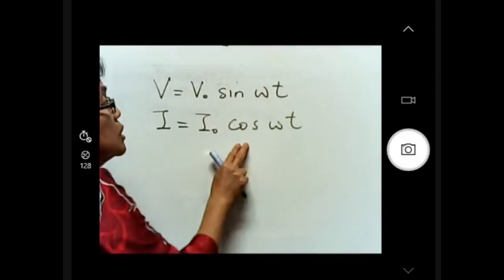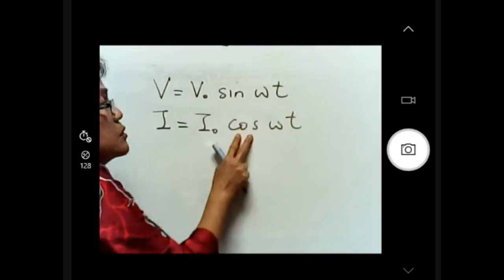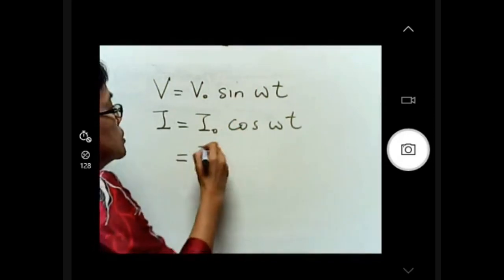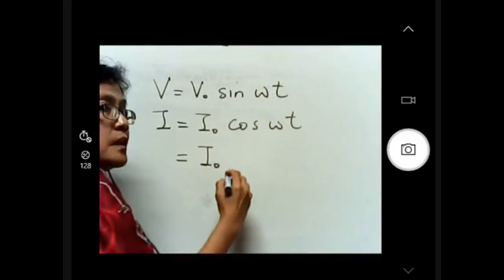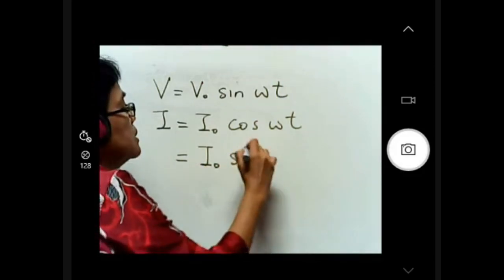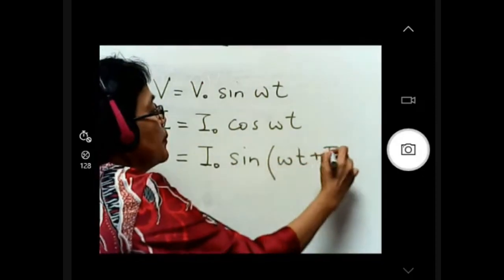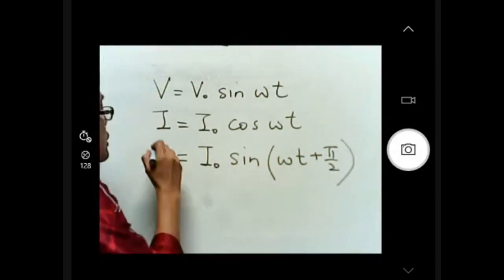You must make sure that if this is sine, then this also has to be in terms of sine. So we know that cos can also be written in terms of sine, meaning sine omega t plus pi per 2.